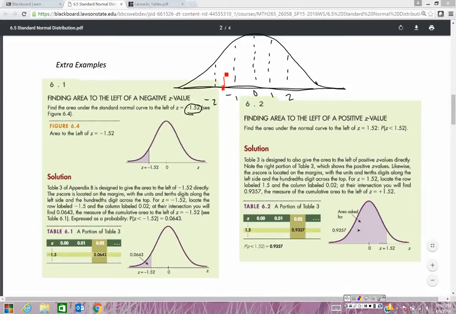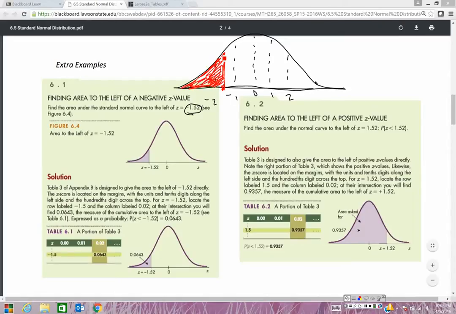So somewhere here. Now, find the area under the standard normal curve to the left. Wonderful. Anytime we have to the left, we know that we can find this number fairly easily because our table gives us the exact area whenever we're asked to find the area to the left.